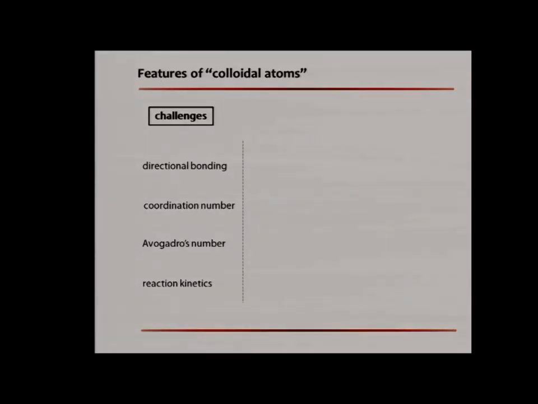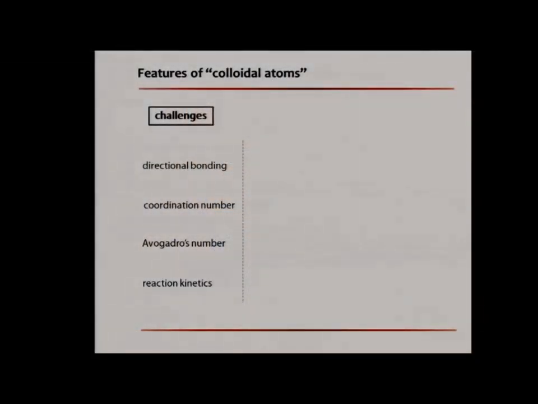But this molecular colloidal concept is not easy to implement, especially if you think about the features of atoms in a molecule. That means our colloidal building blocks need to have directional bonding. They need to have a really well-defined coordination number, which means how many particles can surround a central particle. We need to have a lot of them, and they need to be dynamic.